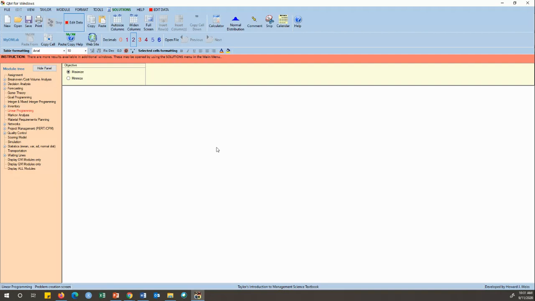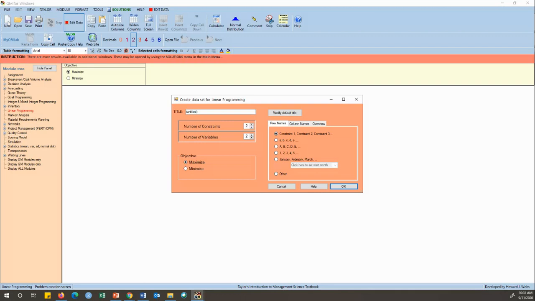So first things first. For those of you seeing QM for Windows for the first time, you have the function over here, New. In this case, you refer back to your problem. I recommend you write down your Giappetto problem somewhere.